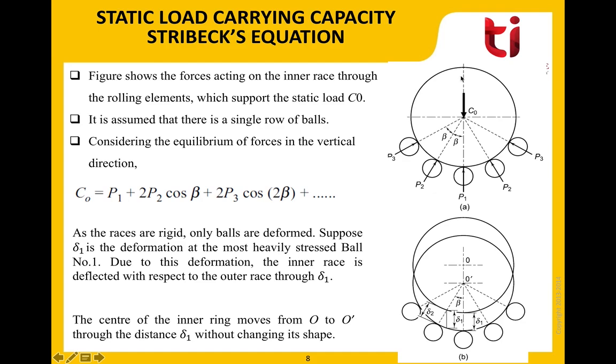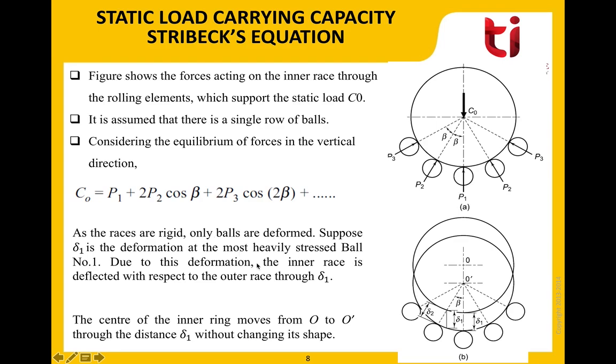C naught will be equal to P1 plus P2 cos beta plus P2 cos beta plus P3 cos 2 beta plus P3 cos 2 beta. So we get this equation.